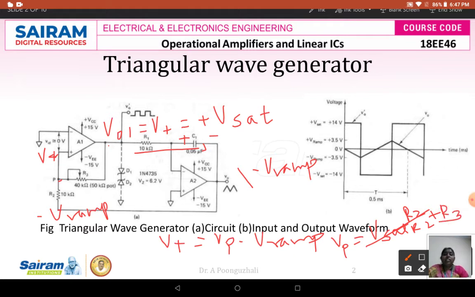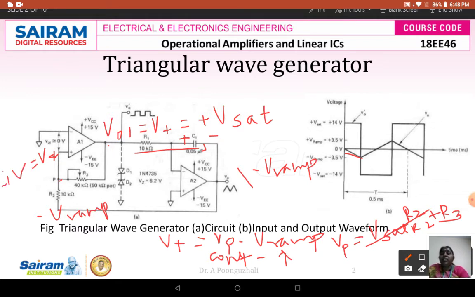Here, this voltage is going to be constant, because Vsat is fixed and R2 and R3 are fixed, so my Vp voltage is fixed. The only changing parameter is going to be my Vramp. As Vramp continuously increases to a greater value, the voltage at this terminal is going to become negative.